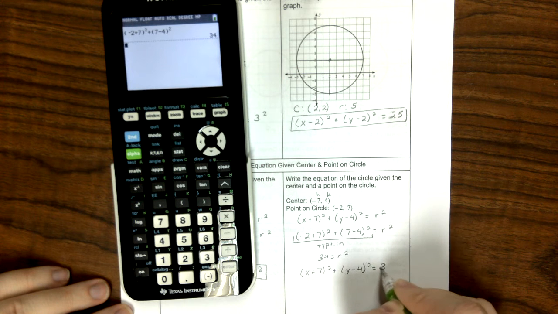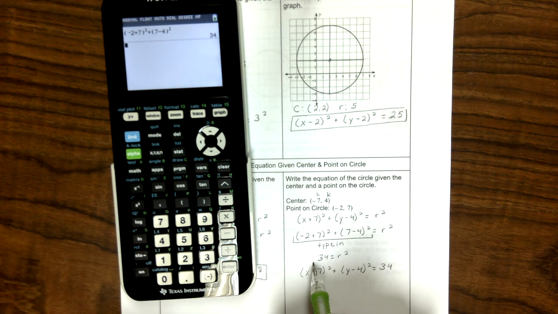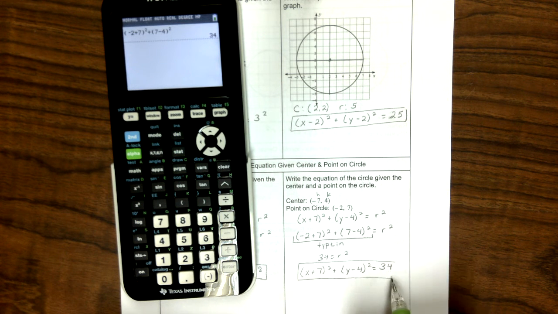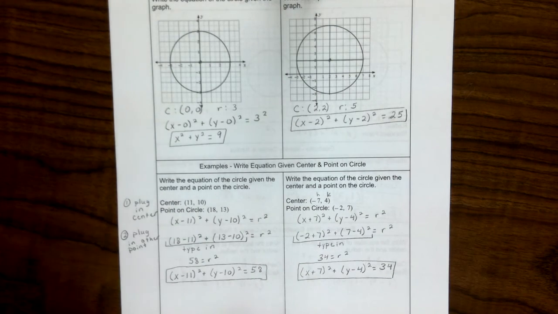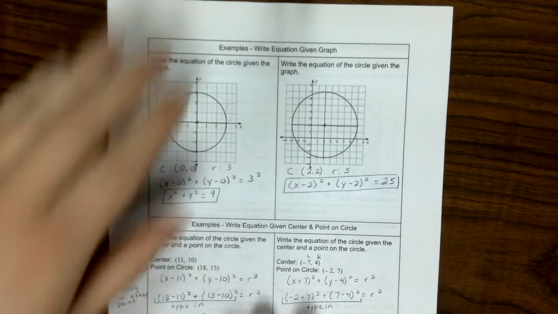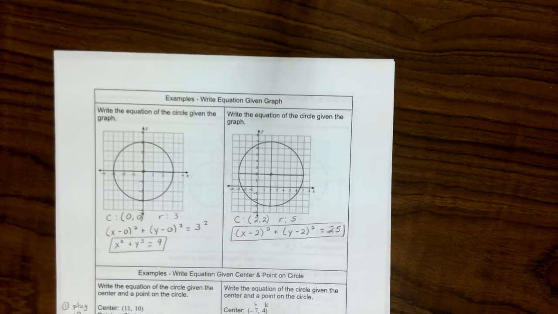And then just replace r squared with what we just found. All right. So that's all the writing. So all of it's very easy.